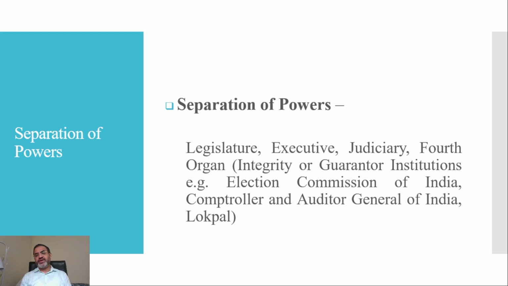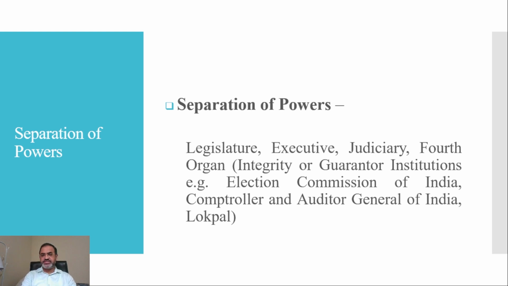Okay, so we have this unique set of organs where, despite the fact that the people may actually come from the same pool from where the people from the executive actually come, nevertheless, owing to the functions which they perform, which includes being an oversight over the executive, these integrity or guarantor institutions are not clubbed as executive, rather, they are understood as part of the fourth organ of the state.